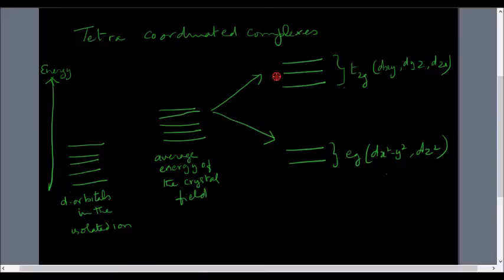And also the magnitude of the splitting energy del T is less compared to del O. These are the two things you have to keep in mind when you consider the crystal field splitting in tetra-coordinated complexes.